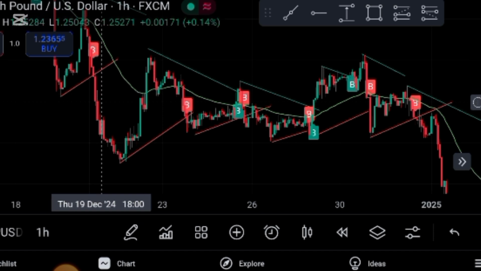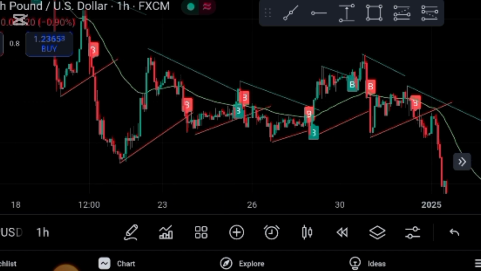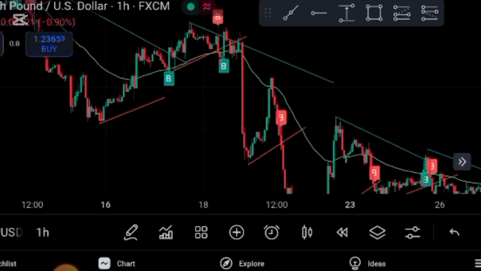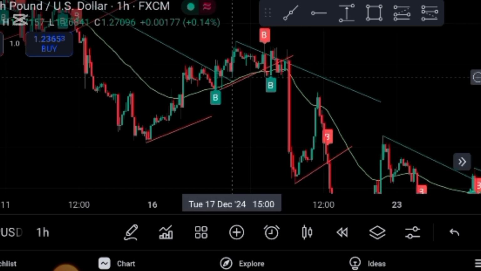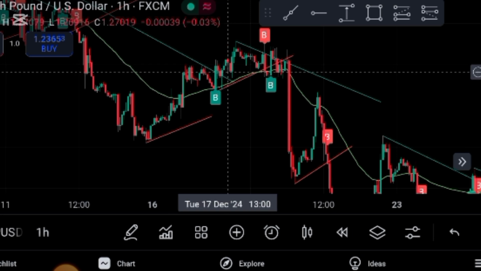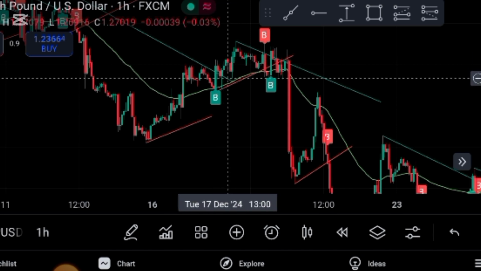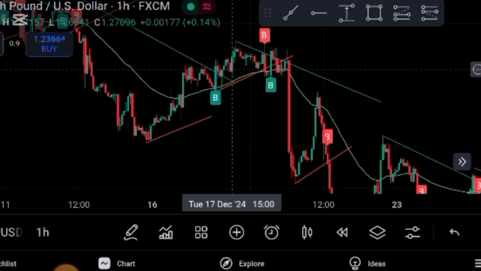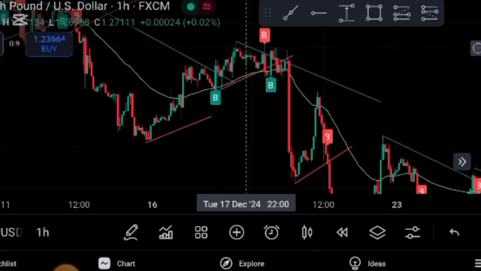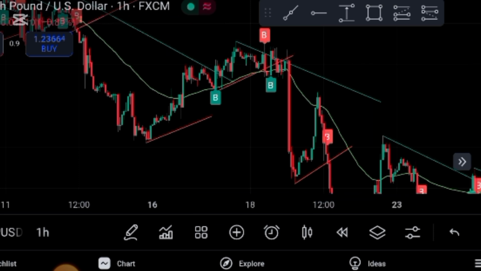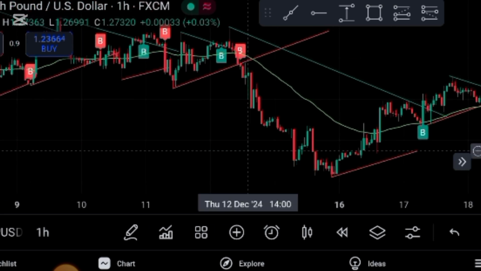This one could have been a beautiful win also. Beautiful breakout. And here also it's a beautiful breakout, closed above the trend line, retested a bit and went up. Wouldn't have been a huge win, but definitely a win. This breakout also, what a beautiful one here.